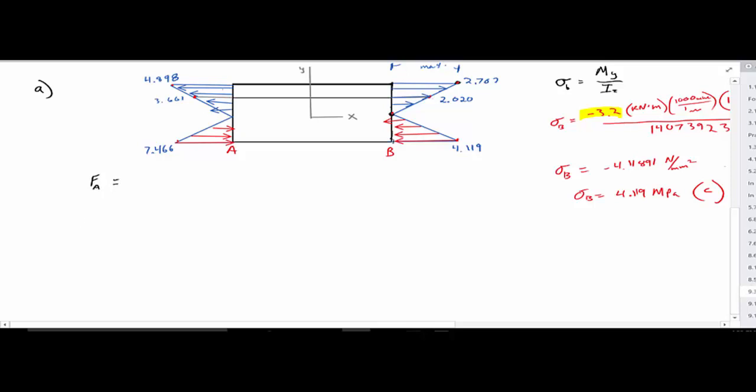If this was a distributed load, think of a distributed load right here. We have a triangle, or I'm sorry, it's a trapezoid.